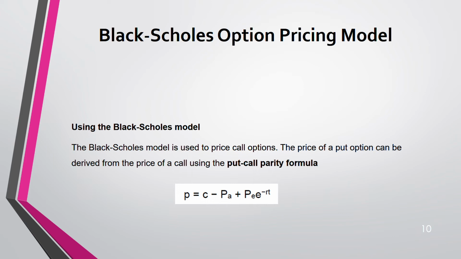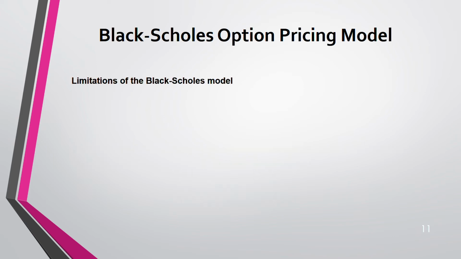You have to know whether it's a call option or a put option, and accordingly you will find the value. If it's a put option, you have to use this formula. If it's a call option, stop at call, and add it to your net present value. Then you have to interpret like you normally do. Calculation is not enough. You have to write also after that, are you going to invest in the project or not?